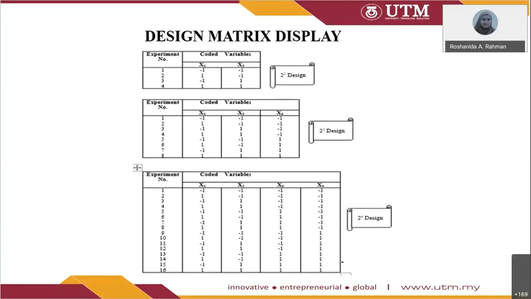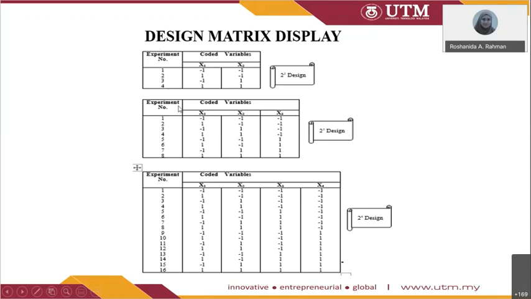So this is the design matrix. When you have decided your factors, the number of factors, you can put them in the software, and the software will suggest the design. So this is for a 2 power of 2 design. If you have 2 factors, basically you will have 4 runs.